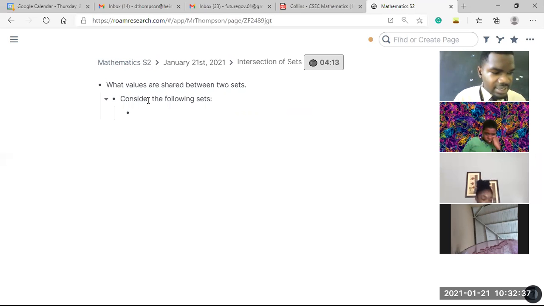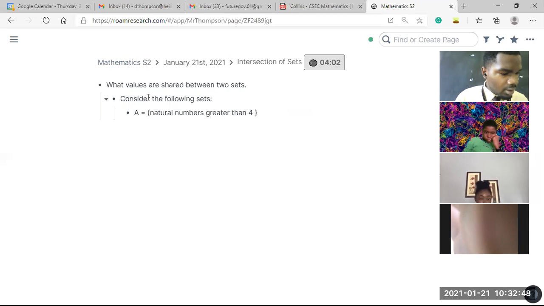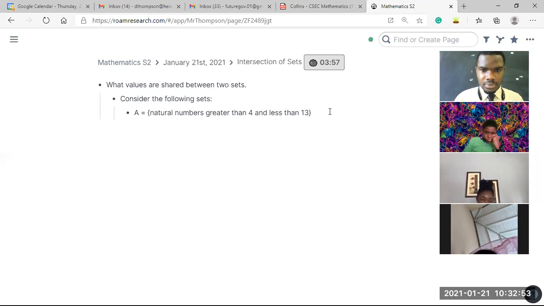We're going to say we have set A, which is the set of natural numbers greater than 4 and less than 13. And we have another set, B, which is the set of natural numbers from 9 to 15 inclusive.